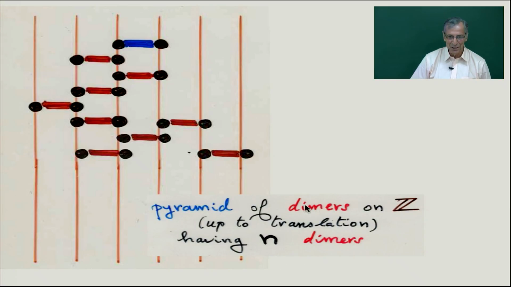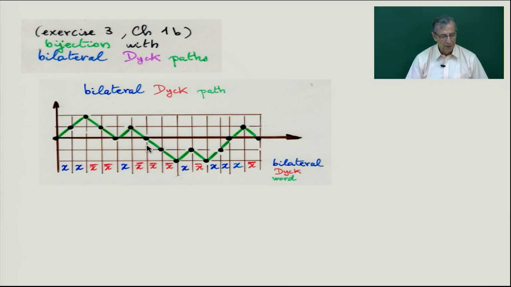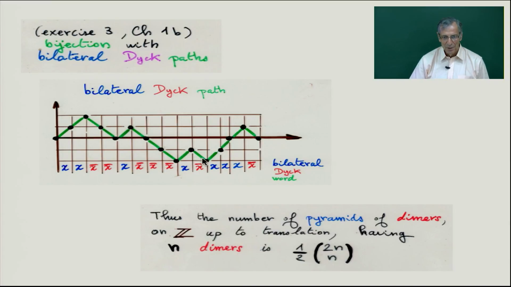And then I will finish with pyramids now. Pyramids of dimers, up to translation. Pyramids of n dimers. We have seen in exercise 3 of the last chapter that it was in bijection with bilateral Dyck paths. I ask you, by using again the kind of idea of the lexicographic normal form or Knuth normal form, to get that the number of pyramids up to translation is half of (2n choose n).